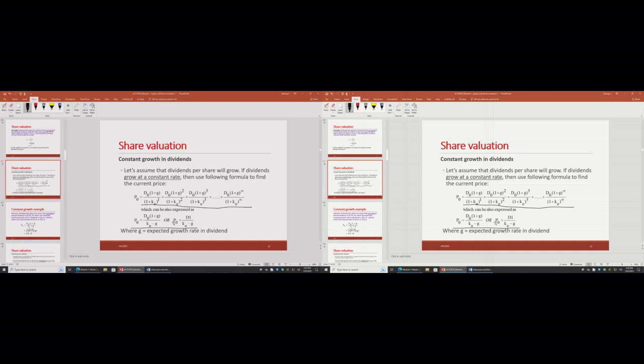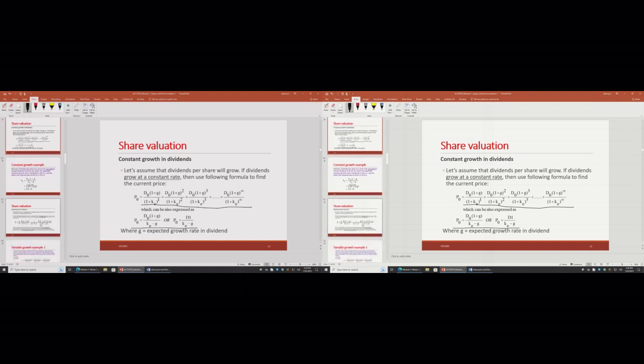You will receive very large dividends in the future, and when you discount them back, it's still a large number. So that's the assumption here. The growth rate should be less than the cost of capital, and then you can use that expression. Otherwise, you have to follow the initial long expression. So that's the second type, constant growth in dividends.